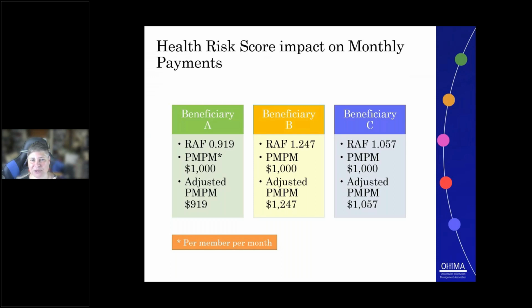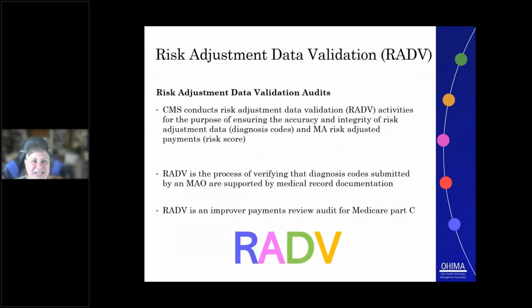And anytime medical coding impacts payments, there is an auditing program. CMS uses the Risk Adjustment Data Validation Program, which we refer to as RADV. RADV is used to ensure that all diagnosis codes submitted for each beneficiary are accurate and supported by the medical record documentation.